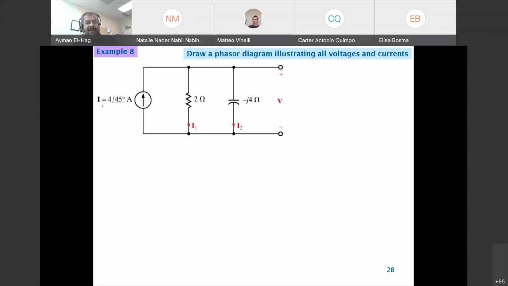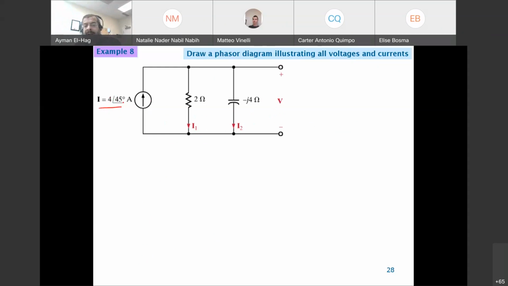So we have here this main current I, we have I1, we have I2, and we have V. These are the four quantities that we want to draw. Now you notice here that the values in the circuit are already given to you in the frequency representation, or in the phasor representation.